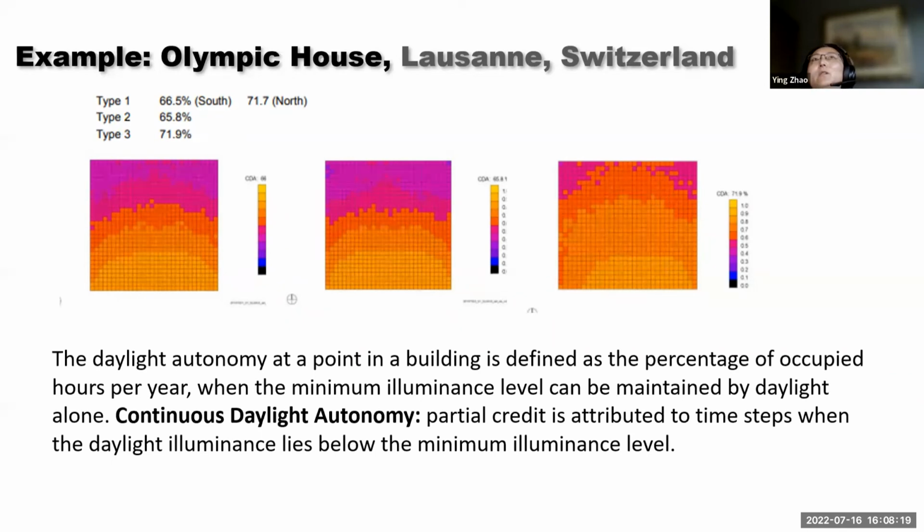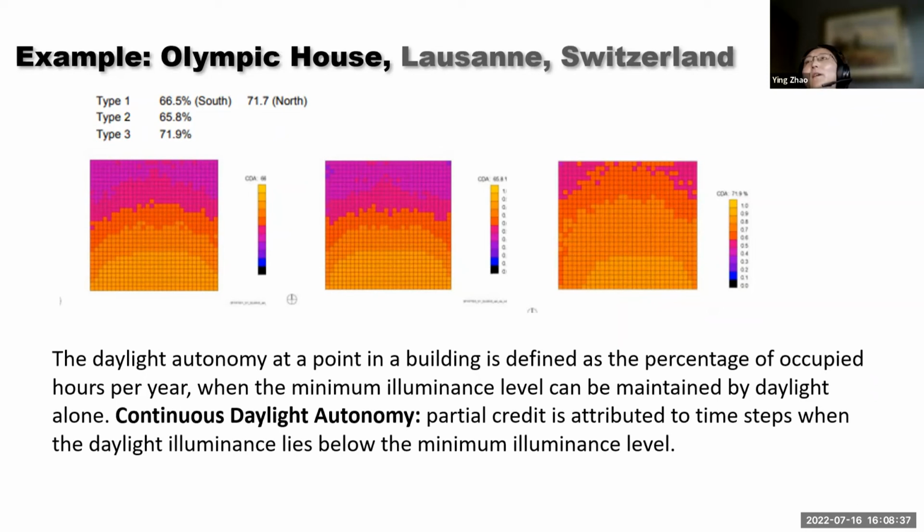For example, if the threshold is 500 lux but for some hours it is 400 lux, they still count it as 0.8, because sometimes people still tolerate 400.